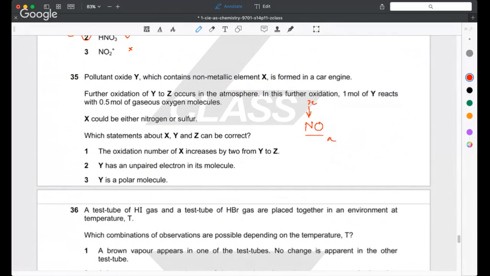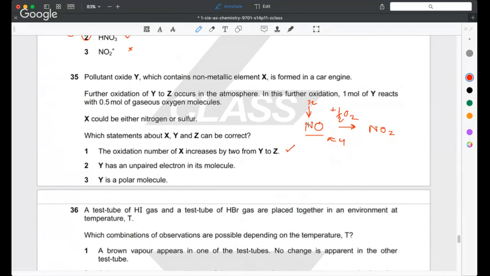So that's the whole molecule is nitrogen monoxide. We can just check that against these statements here, because when you react that in the atmosphere, plus a half oxygen molecule gives you NO2. So the oxidation number there is changing by a factor of 2, so that's correct.